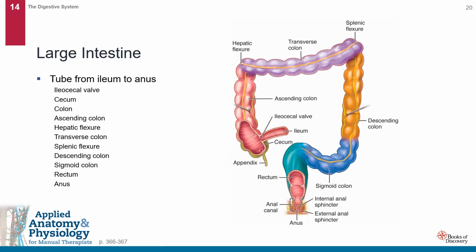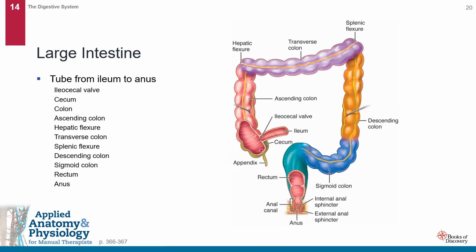A vertical region, called the ascending colon, is located on the right side of the abdominal cavity. It connects to the transverse colon, which crosses the upper abdominal cavity just below the stomach and then folds and extends downward on the left side, which is now called the descending colon.